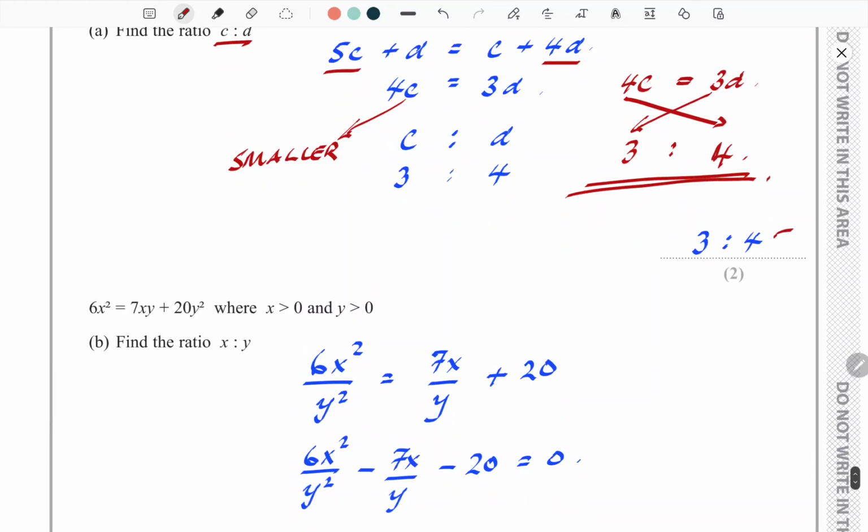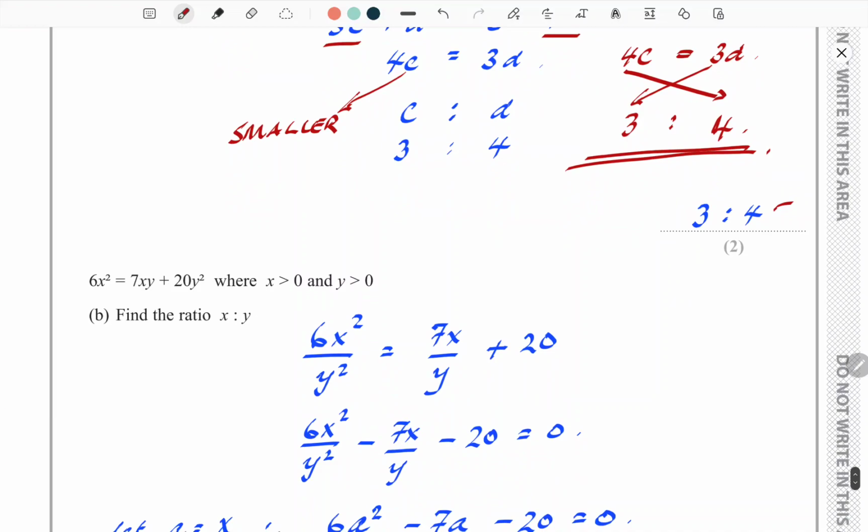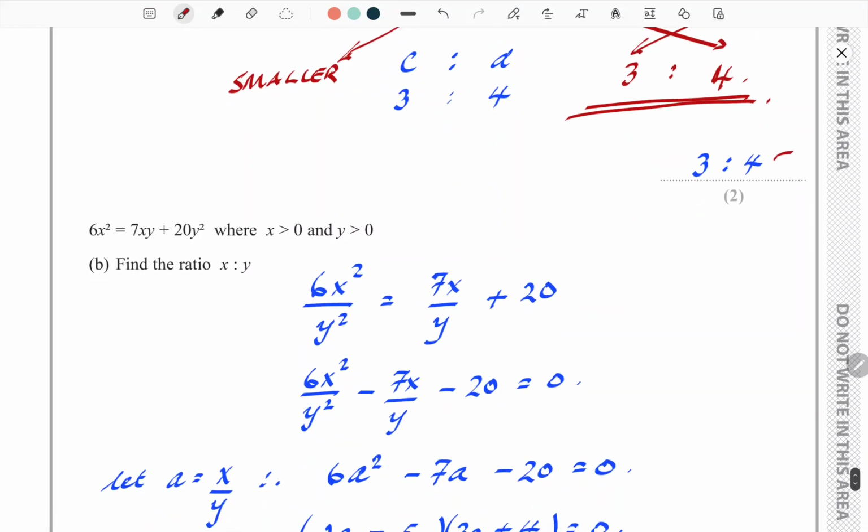All right. The next part of the question is just a little bit more complex. It's given you what looks like a nasty quadratic with a 7xy in the middle, etc. But also note that x and y are both positive, and they want the ratio x to y.